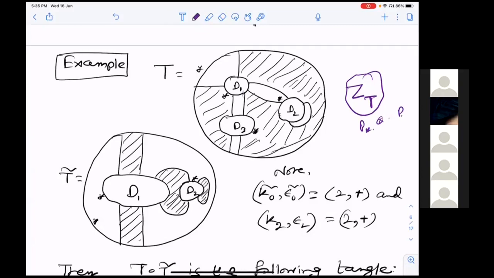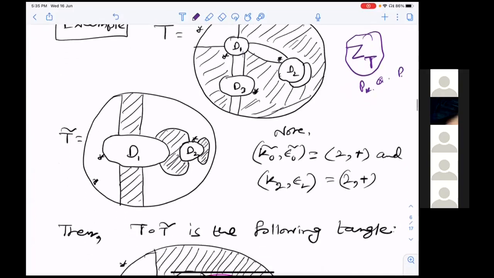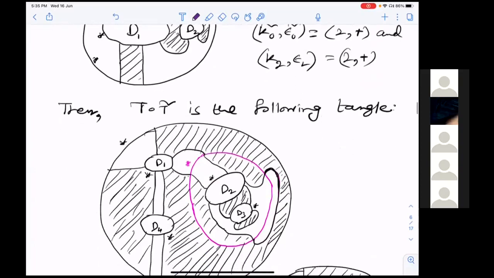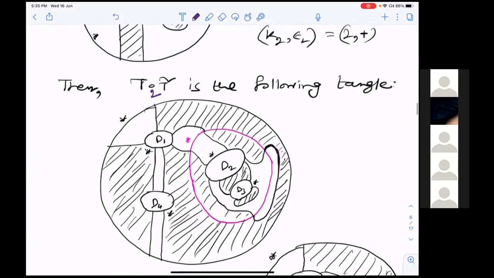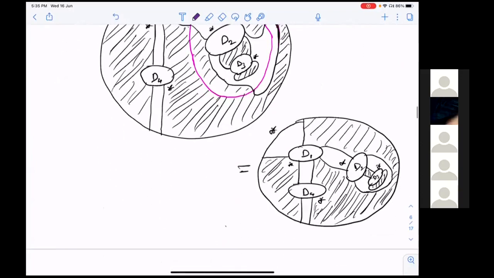Now, we'll do the substitution T circle T tilde. I have drawn it in a nice way so that T circle T tilde makes sense in the D2 box. So it is T circle 2 T tilde. So this is my T circle T tilde.